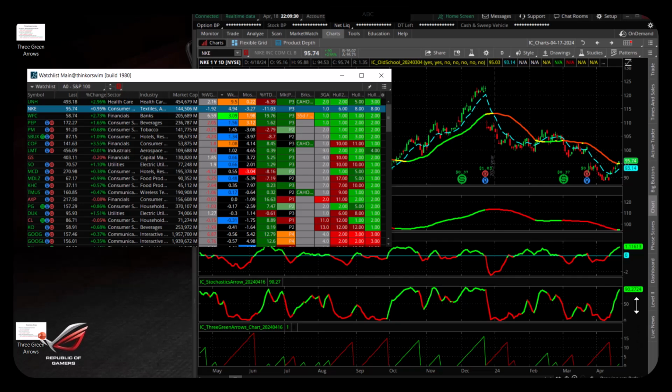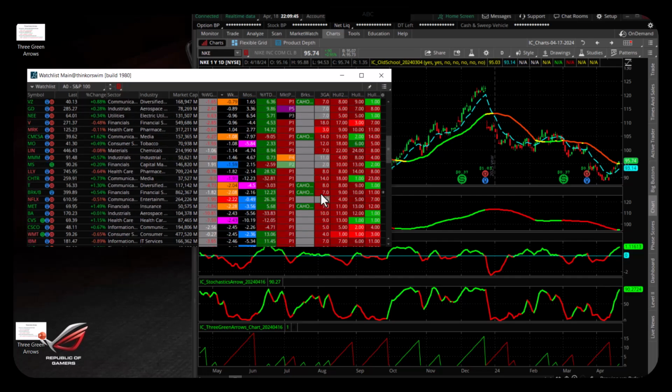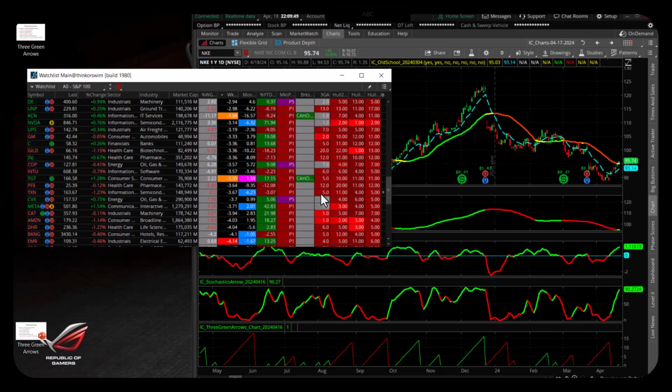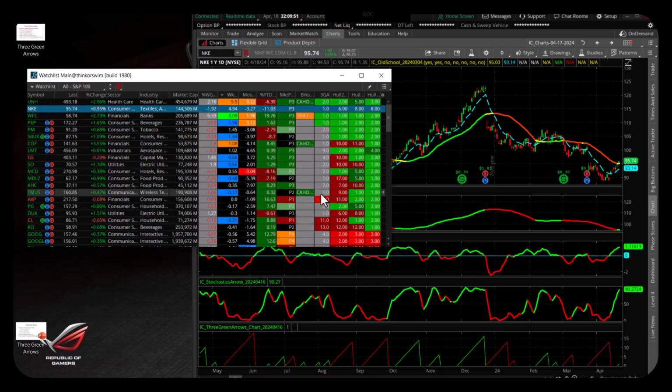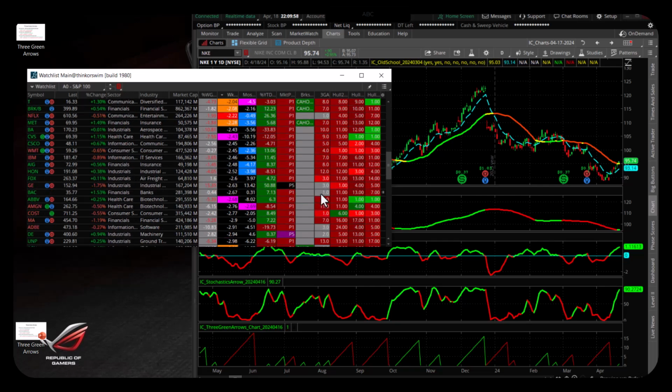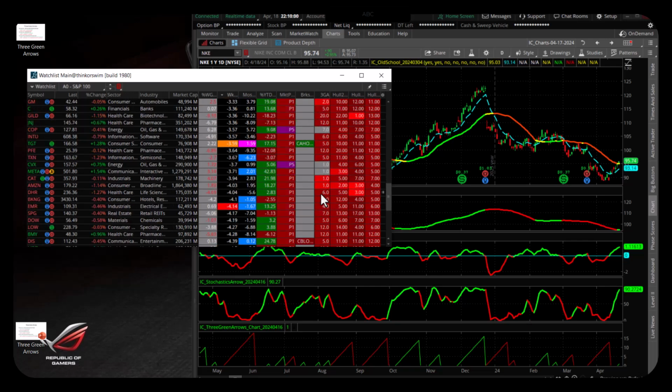It's only been around for 1 day, and the boxes are color coded so that if it had been more than 3 days, it would be a dark green, probably about this color right here. In the case of the S&P 100 we're looking at, we mostly have red arrows, not green arrows, and some of them have been around for quite a while.